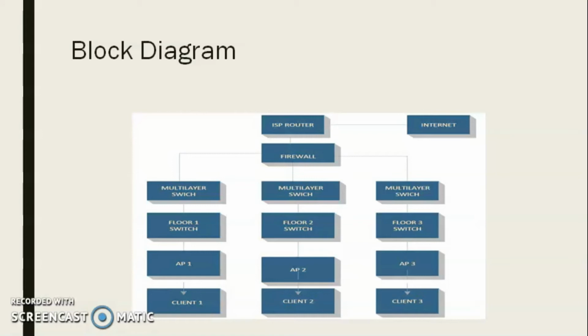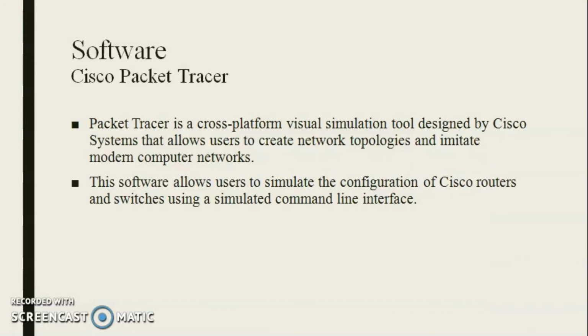Then also in our simulation, we are using the Cisco Packet Tracer, and the Cisco Packet Tracer is a cross-platform tool designed by Cisco that allows users to create network topologies and imitate modern computer networks. The software allows users to simulate configuration of Cisco routers and switches using a simulated command line interface.